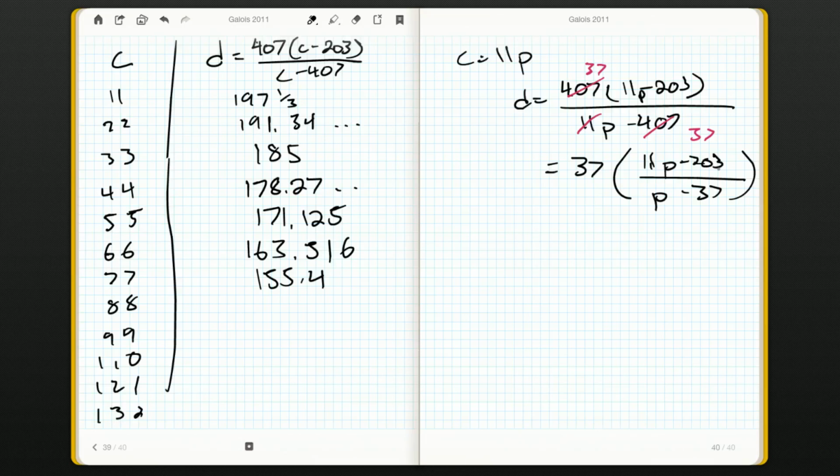Sometimes that's what you have to do until you have an epiphany. 156.72, that's also not going to work.